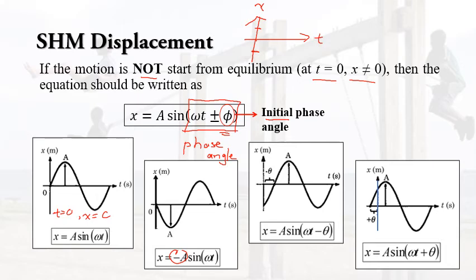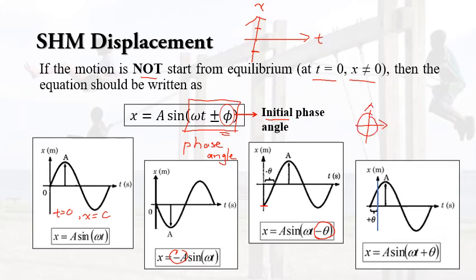This one has an initial phase angle. Now you have a negative displacement. It tells you that your object starts from a negative angular displacement. Therefore, we put a negative sign at your initial phase angle. It means that your object starts from negative. Do you still remember the circle we had just now, the one on the previous page?